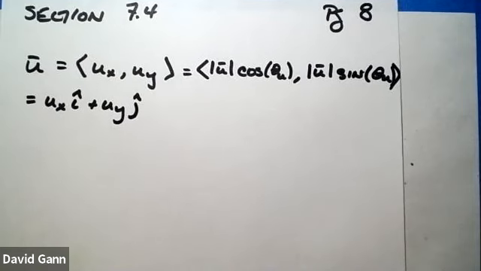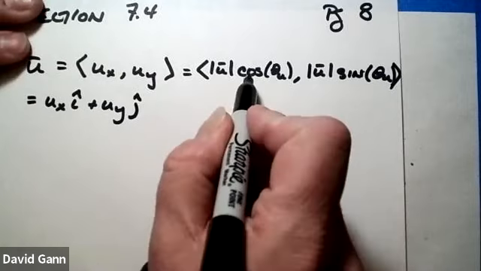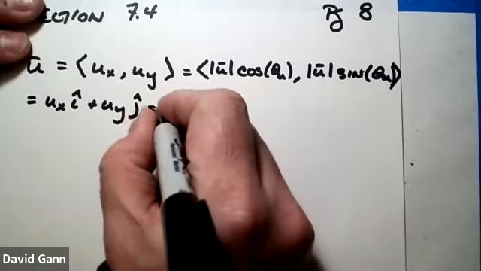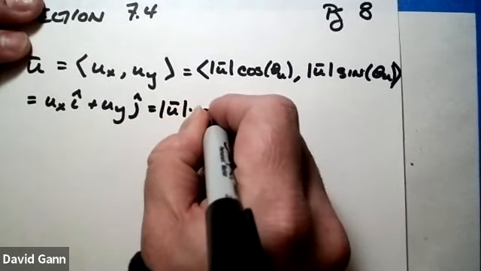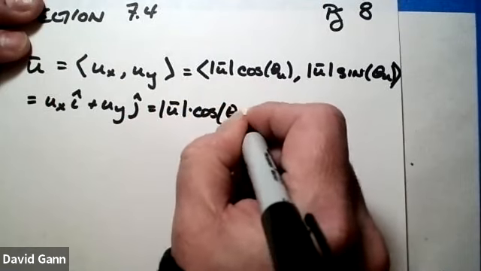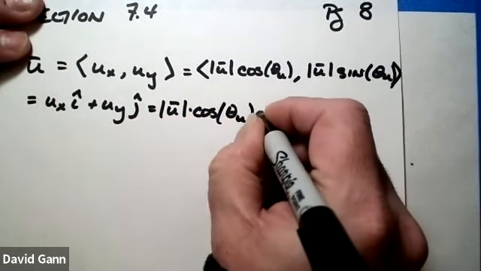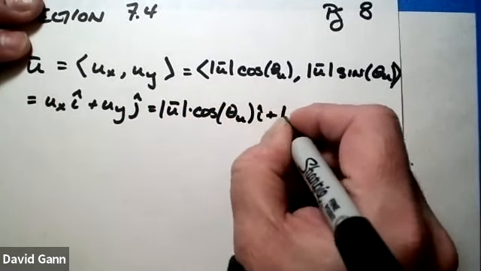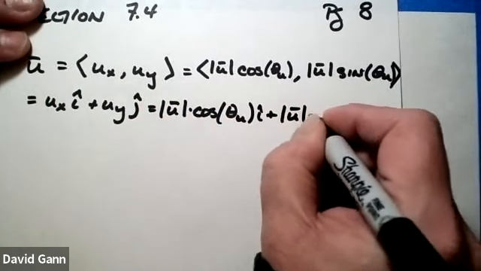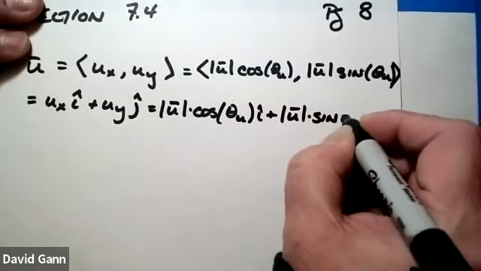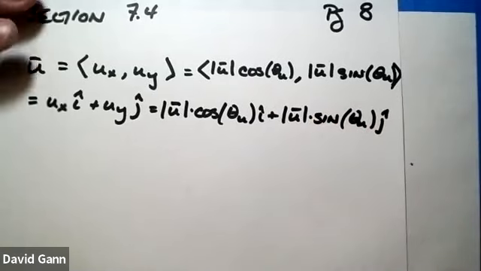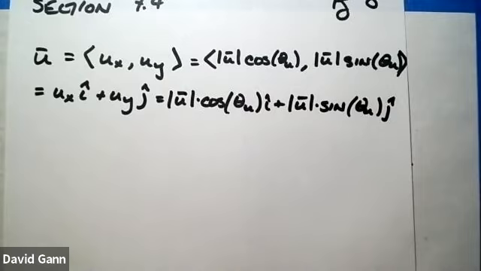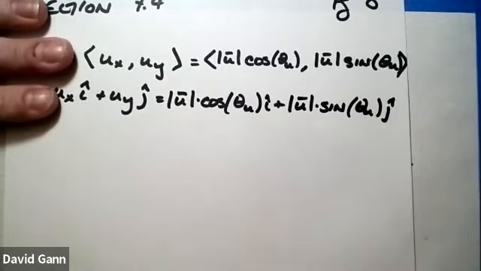And if we wanted to, we could represent this in the form magnitude of u times cosine of angle u, i, plus magnitude of u times sine of angle u, j.